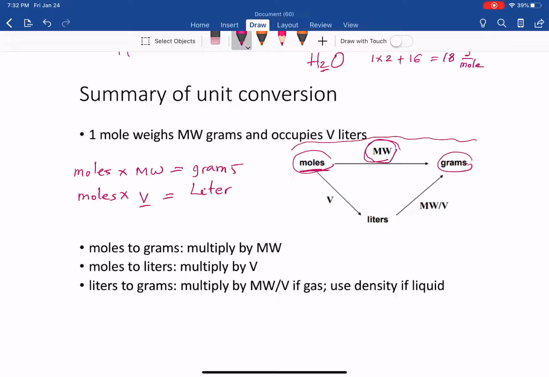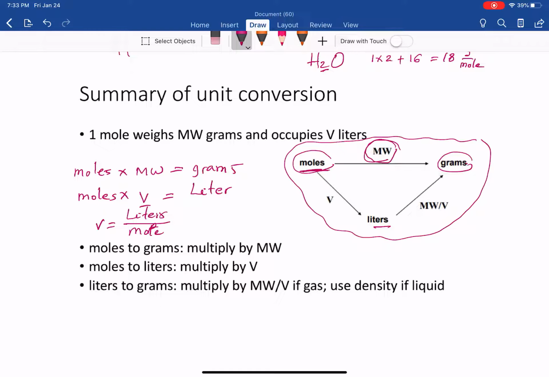This way of representing unit conversion you have to memorize. Same thing, if you want to find the volume, it is equal to liters over moles.